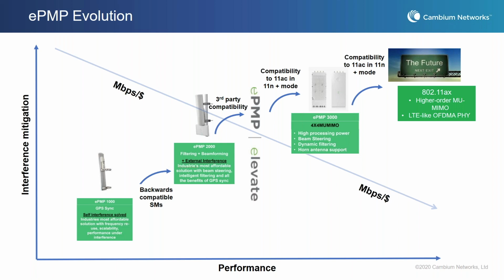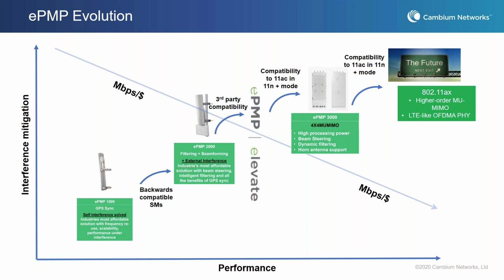So fast forward, we also introduced the ePMP 2000, which retained the features of the ePMP 1000, like the GPS synchronization. In addition, we improved our ability to solve external interference by introducing a good filter, and also solved more of the co-channel interference, which was not properly solved by the ePMP 1000.